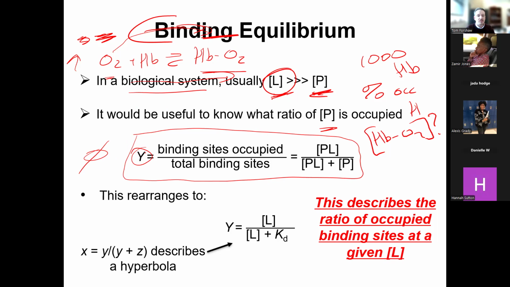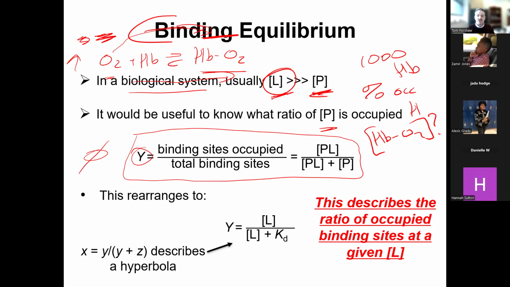The amount of occupied protein is given by the amount of protein that's occupied divided by the total amount of protein present. That's simply saying the percentage occupied of a classroom is going to be equal to the number of people sat in seats divided by the number of people sat in seats plus the number of empty seats.